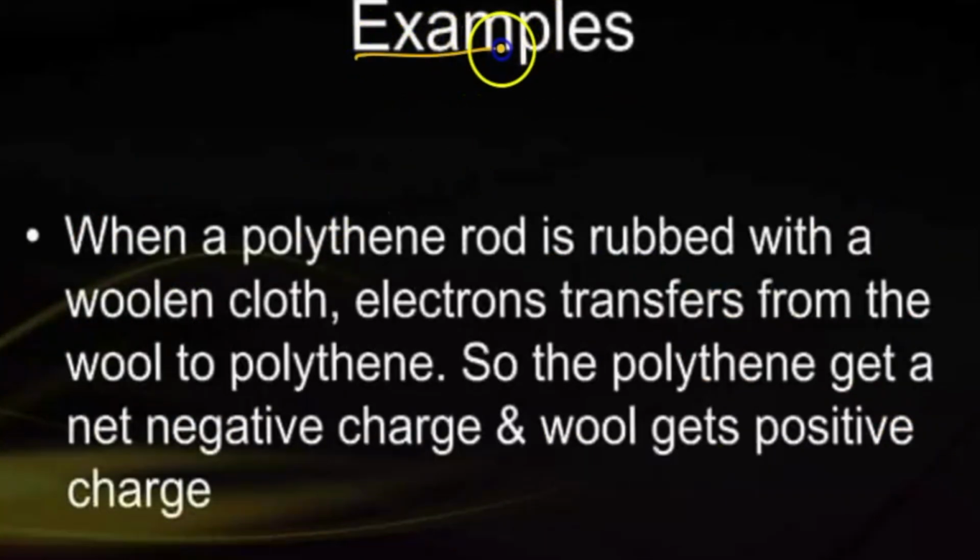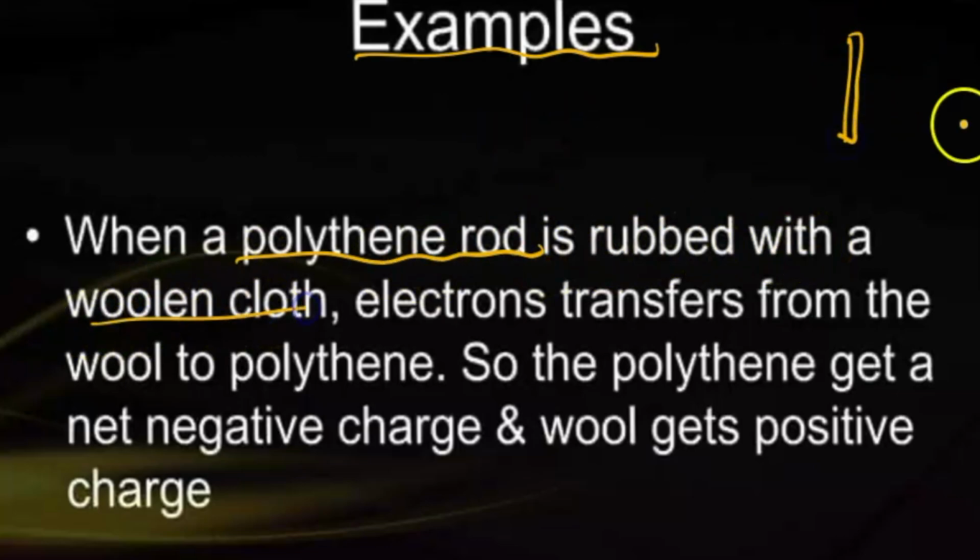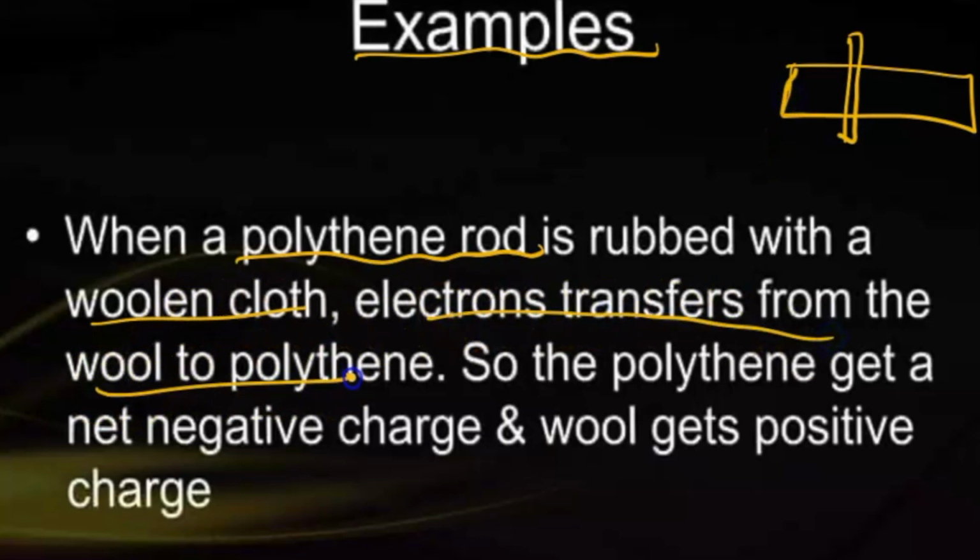Now coming to the examples. Let's say we have a polythene rod that is rubbed with a woolen cloth. The electrons transfer from the wool to the polythene.